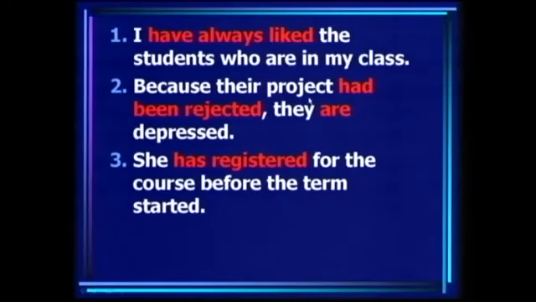Because their project had been rejected, they are depressed. It was indeed rejected. Look, here I can say this sentence is correct because they are still depressed, but I can also say they were depressed. Both are correct, and this is what I tell you: you have to think about meanings. Think of the situation in which the sentence was said.